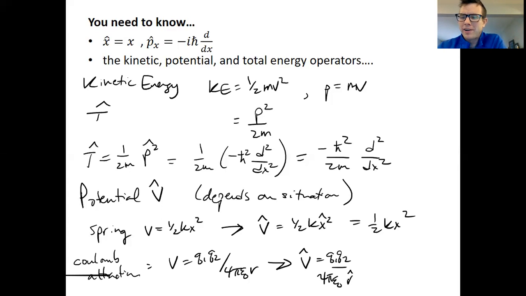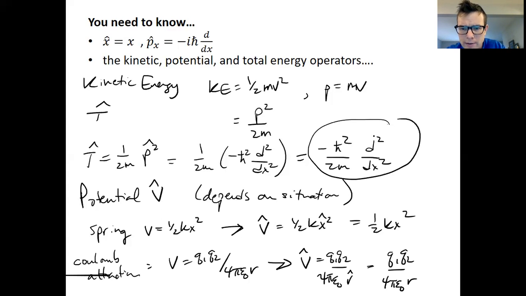What is this operator? Well, as you might guess, it's simply 1 over R. So that's the Coulomb attraction, the electrostatic potential. And so in the case of potential energy, the specific form of the operator depends on the situation. So remember these guys. This one depends, but you should be able to derive it.